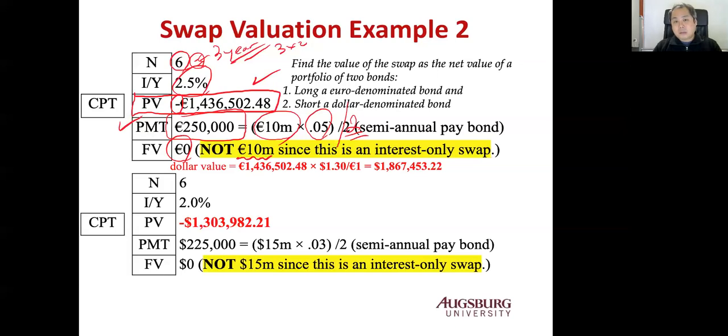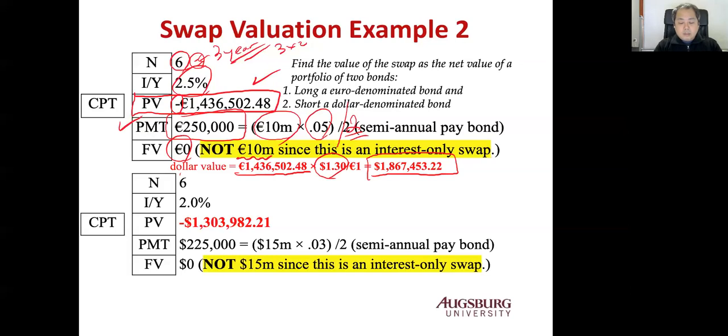Actually, it's inflow. So we can just eliminate this negative sign, and this is your profit, and then 1.3 is the exchange rate, so you're going to receive $1,867,453.22 for receiving euro.